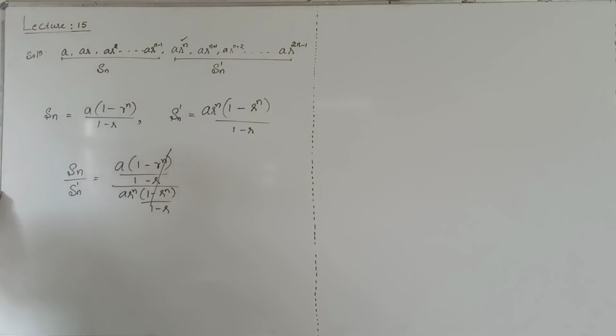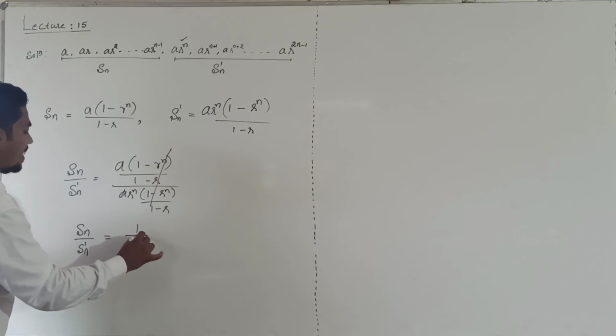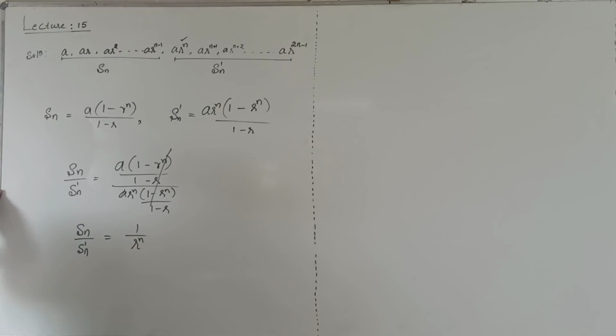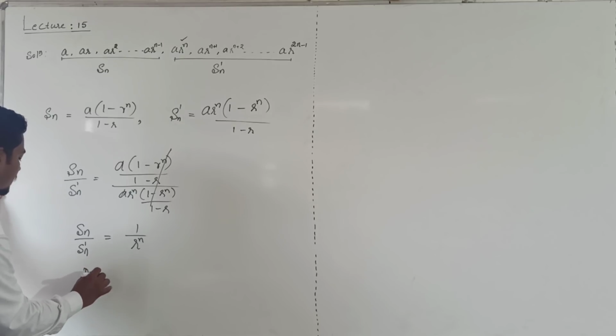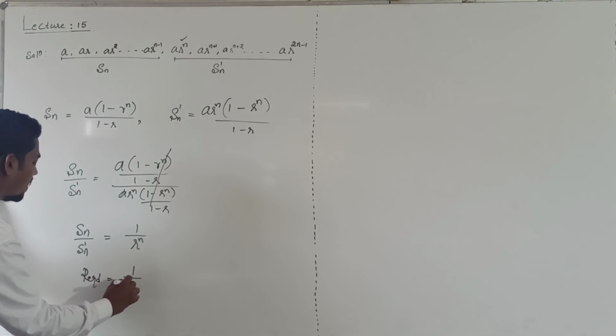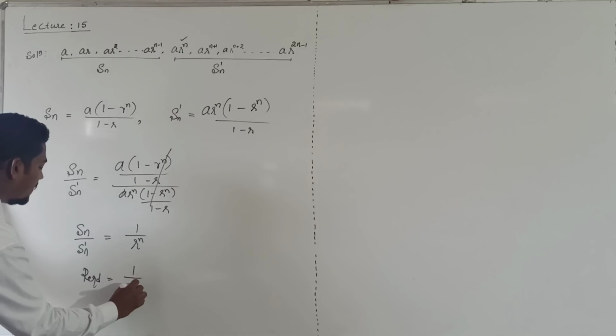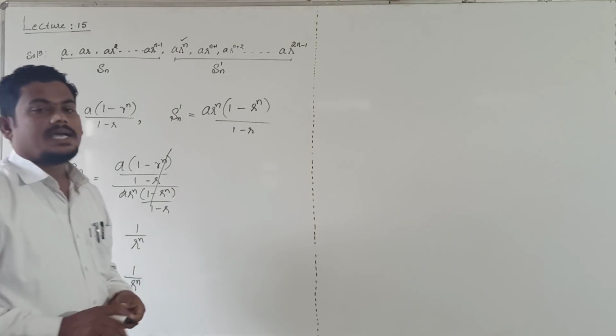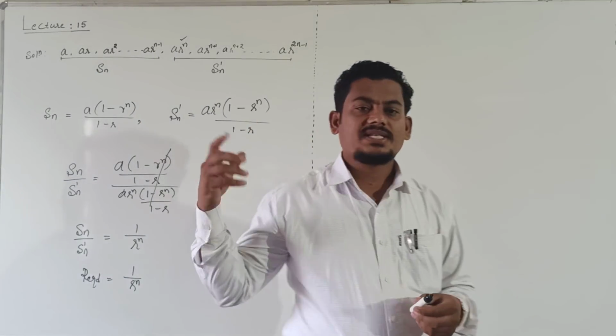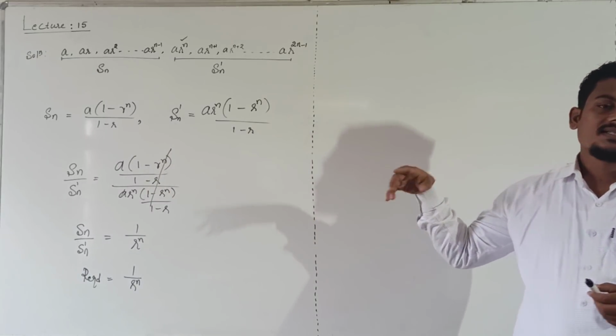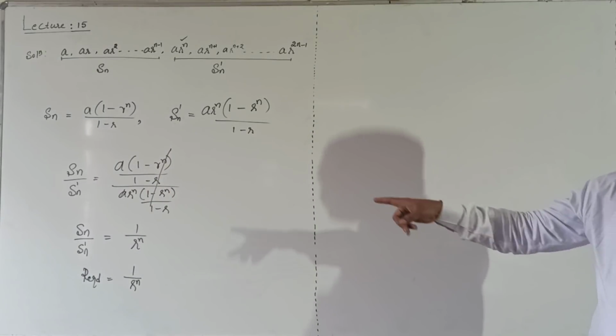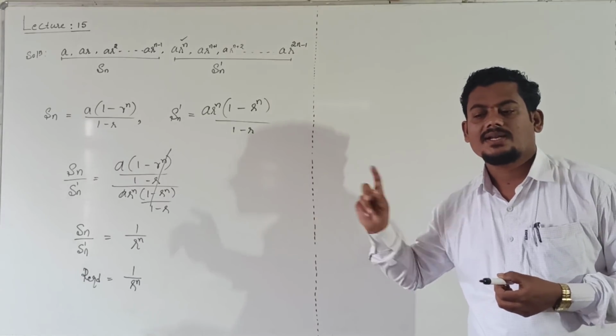These two terms will get cancelled and a will get cancelled. Sn divided by Sn dash equal to 1 divided by r power n. This is our required answer. We needed to prove that the ratio of the sum of first n terms to the sum of the terms from n plus 1 to 2n is 1 divided by r power n.